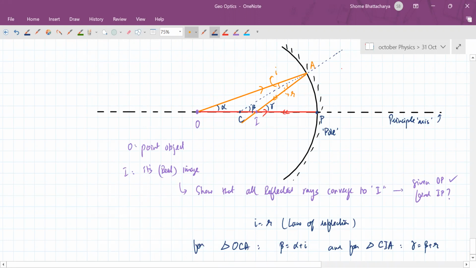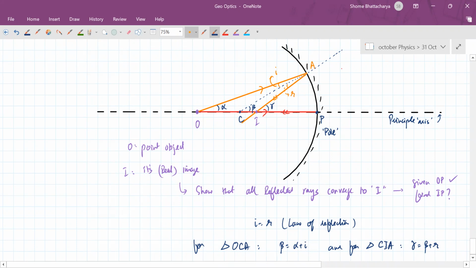Right now we are just considering this based on the geometry of a particular incident ray, which is incident at the point A. But what we will show is that the position of the point I, where the reflected ray meets the principal axis, is going to be the same for all such incident rays, irrespective of which point they are incident at.